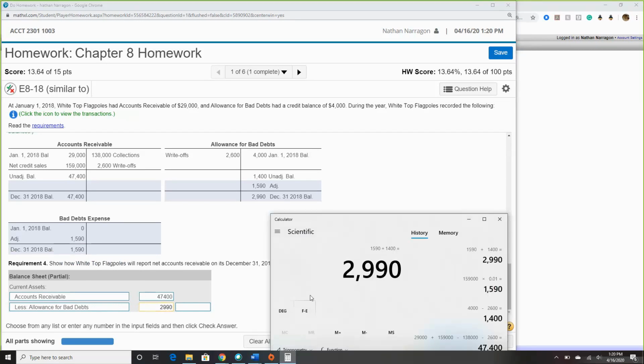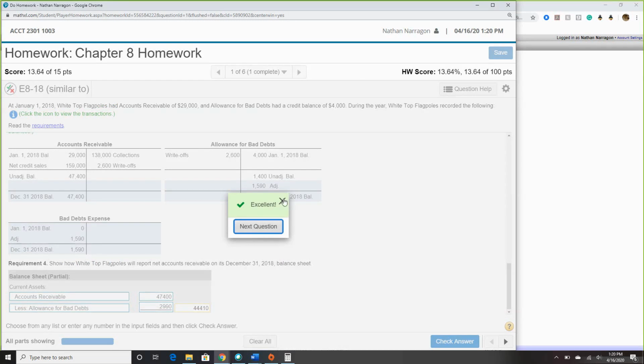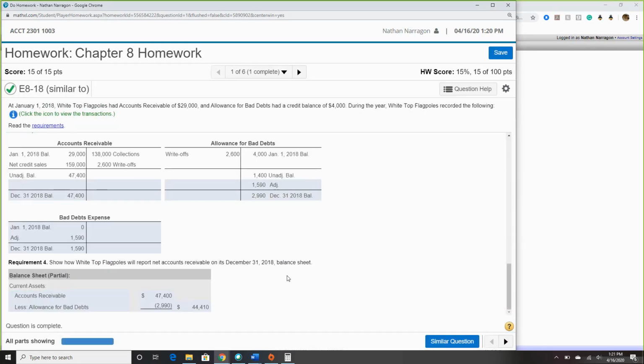Again, 47,400 minus 2,990. My value is 44,410. Check.